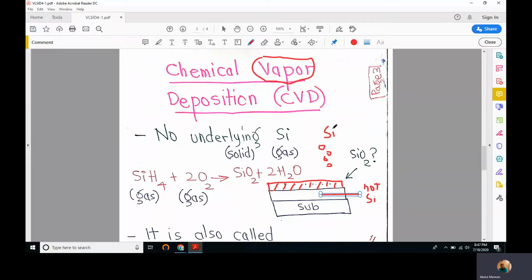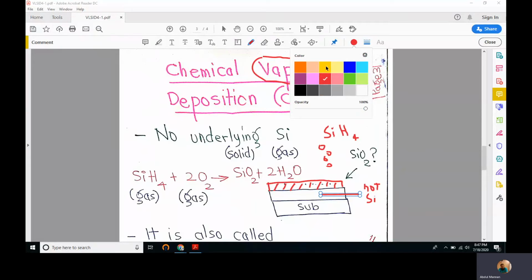These are silicon hydride vapors being available on top of it. So we are dropping vapors on top of the material.